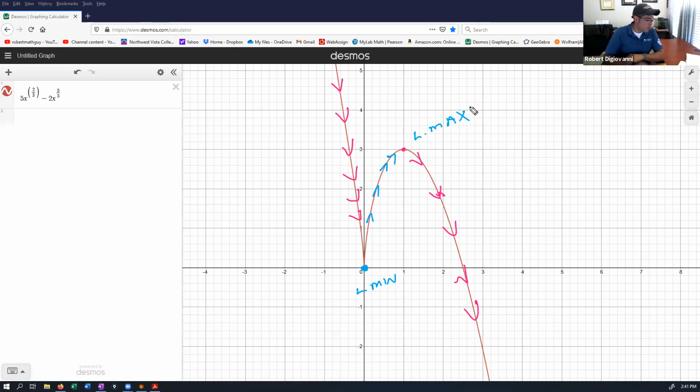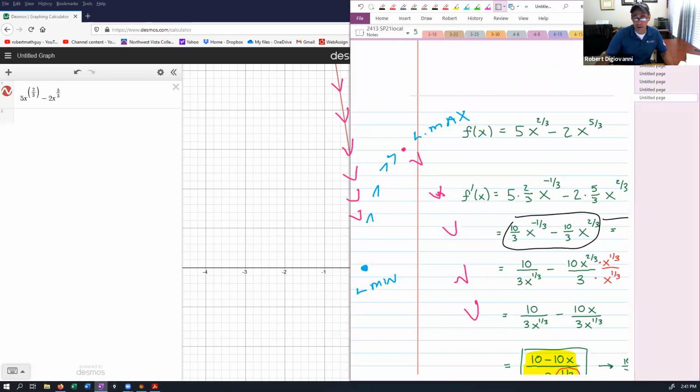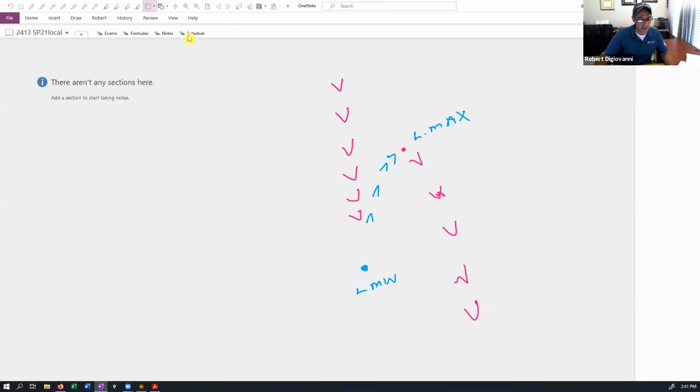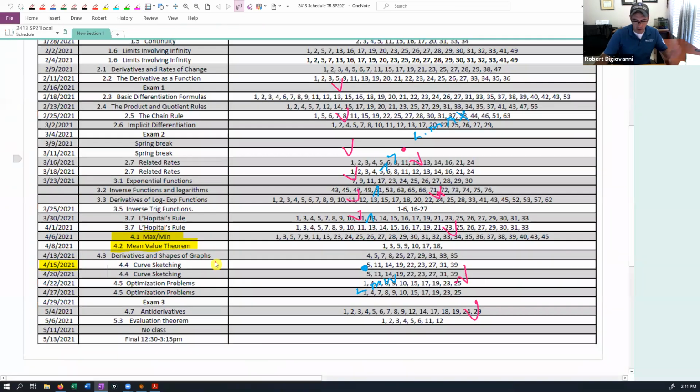Okay, so for homework, this is a very important section, all right? This 4-3 is very important for what we're going to be doing in the next few sections.